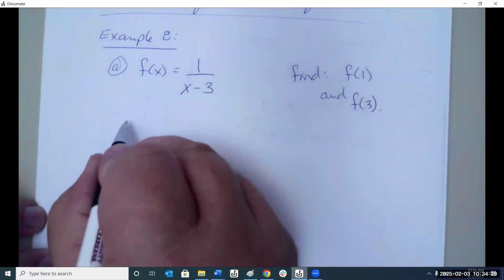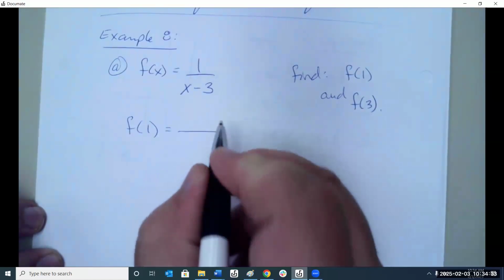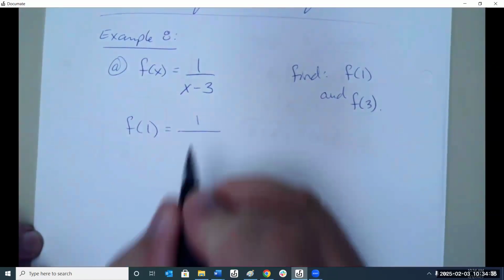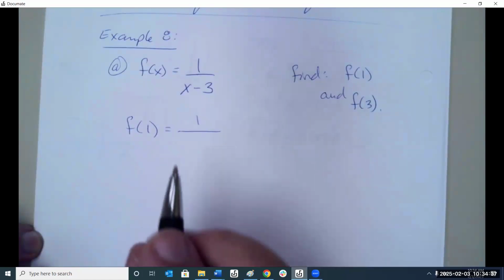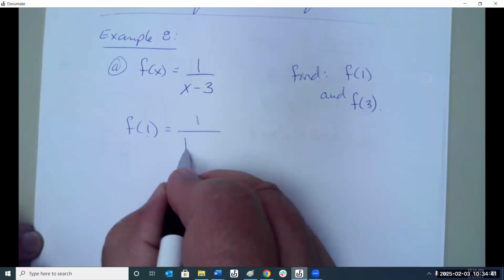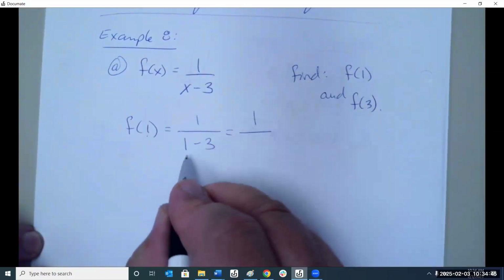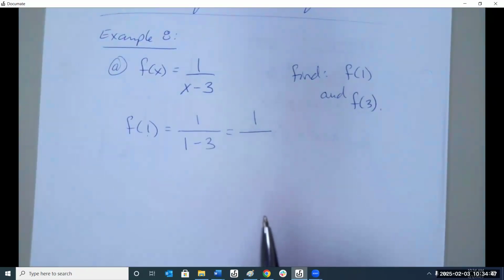So what's f of 1 going to give me? What do I do with 1? In place of x. So 1 minus 3 is what?